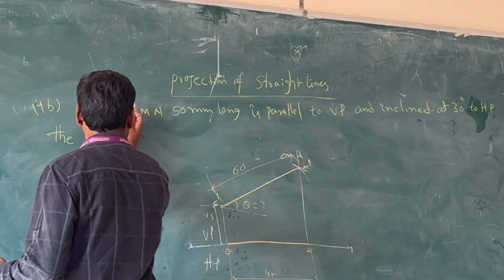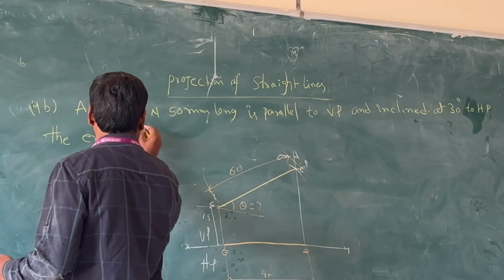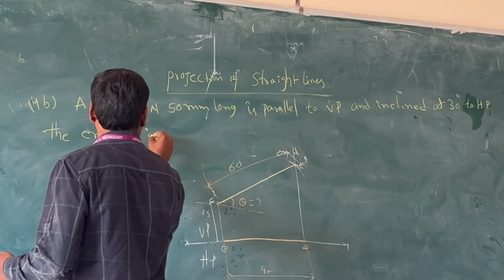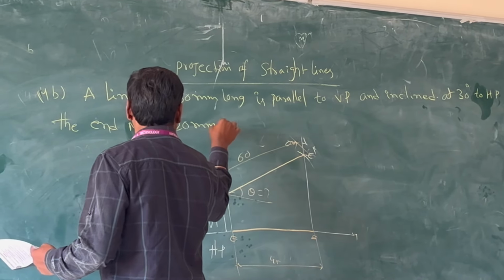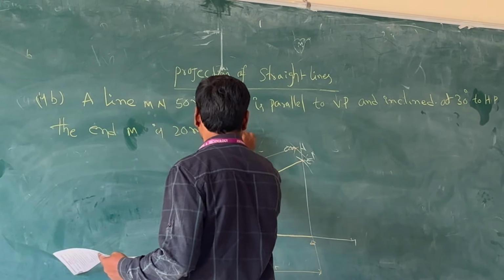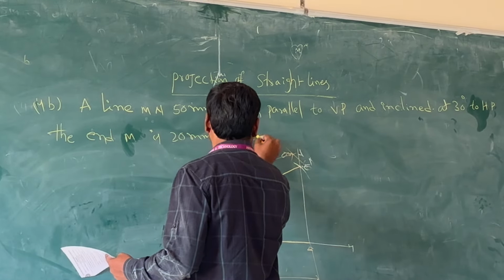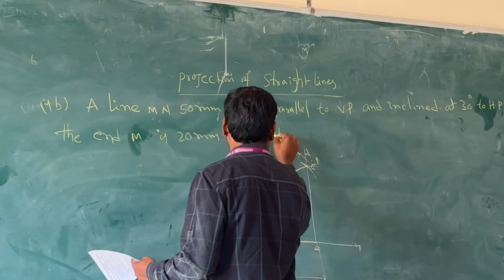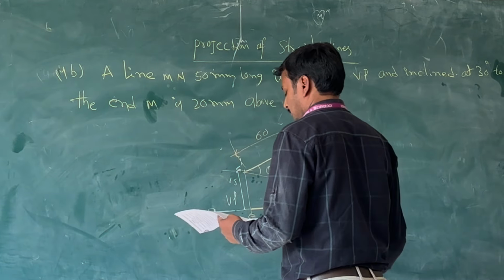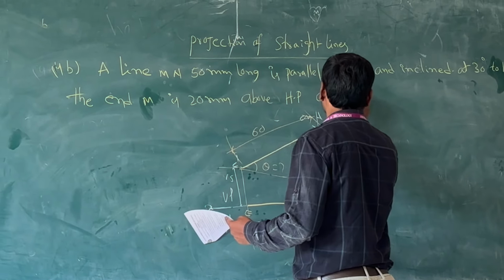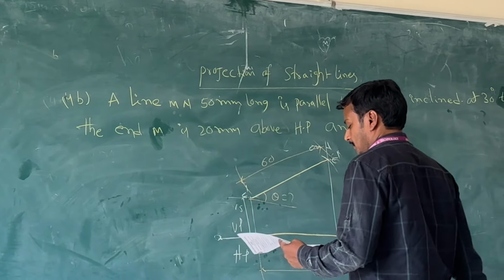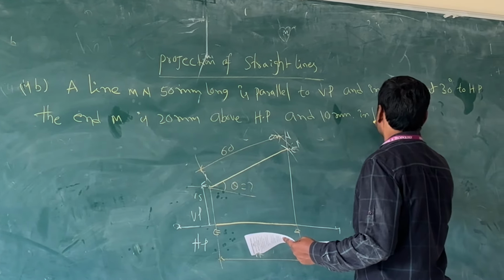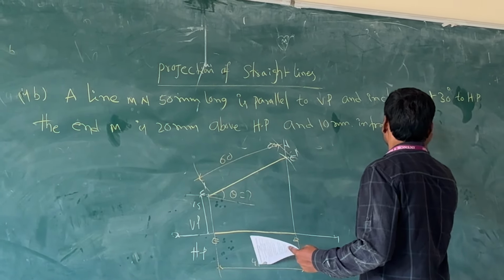The end M is 20 mm above HP and 10 mm in front of VP.